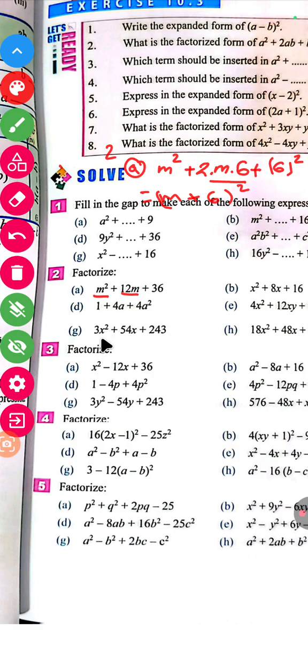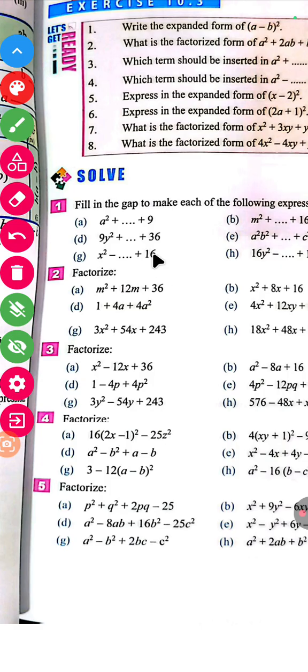Similarly, when we look down at question number 2g, the question is 3y square minus 54y plus 243. What we have is a common factor in all three terms.